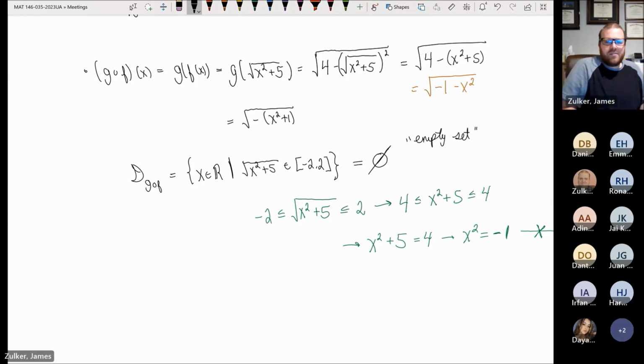This domain is empty, which means this isn't even a defined function.